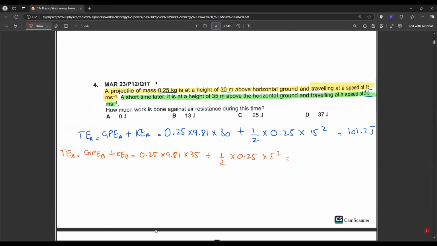This gives you an answer of 88.96 joules.